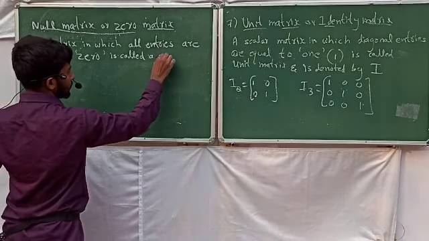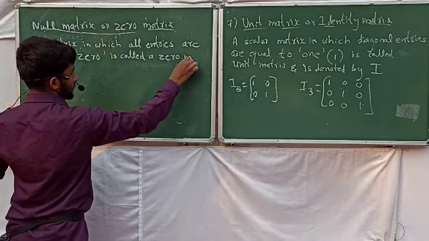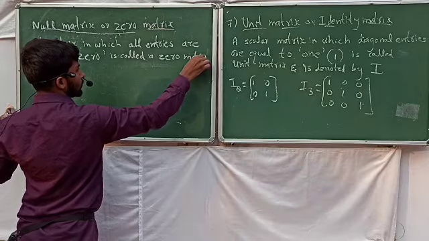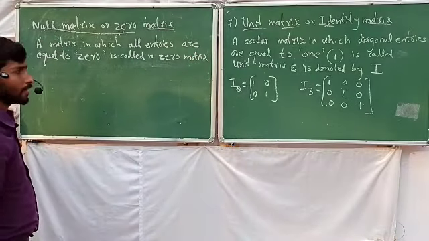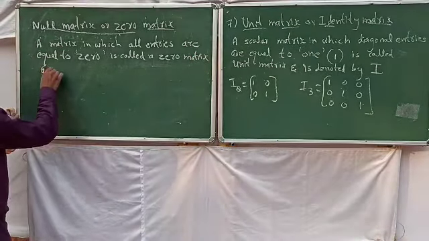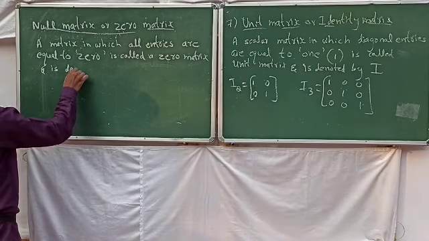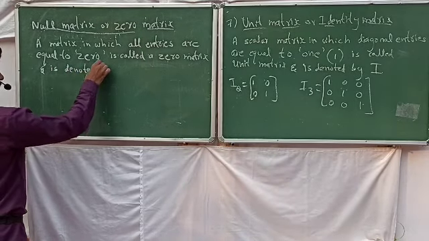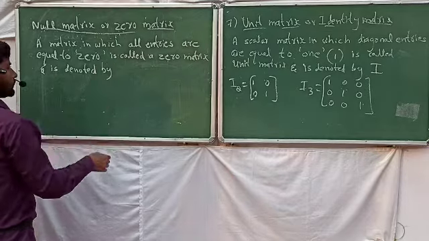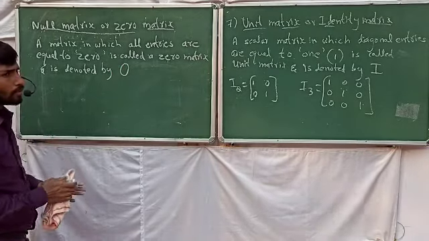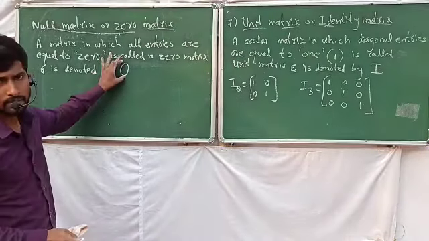All entries are equal to 0, so we call it a zero matrix, and it is denoted by 0. Okay. Remember, it's not a single number 0.